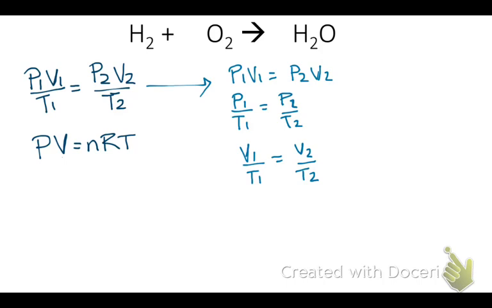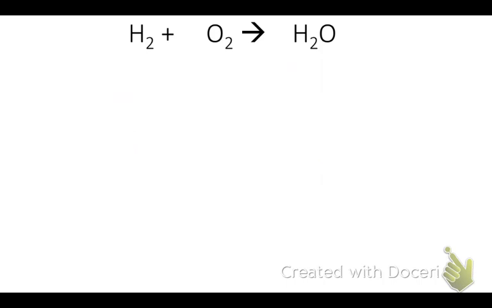So let's make a problem. Let's suppose that we have 3 liters of hydrogen at 25 Celsius and 2 atmospheres.